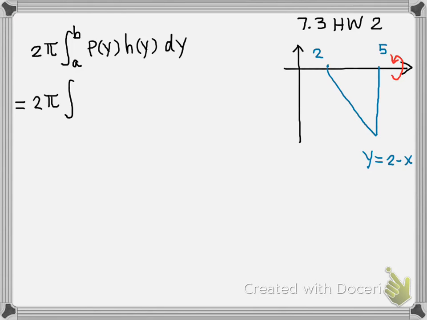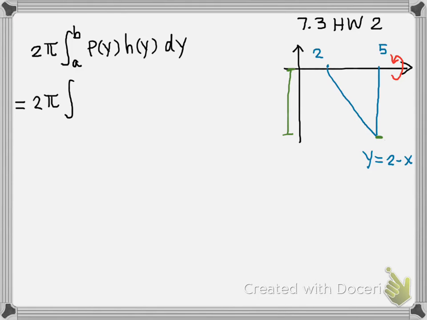integral from a to b, and because it's dy, we need to find out the range of y that are covered by the region, and it's from here to here. And the number is right here, the point.